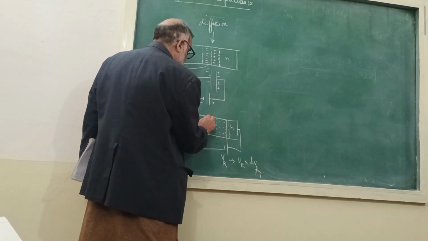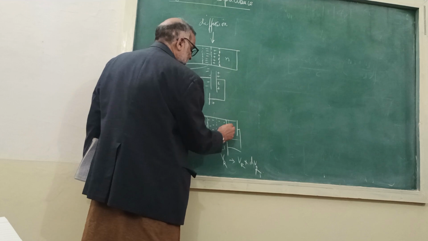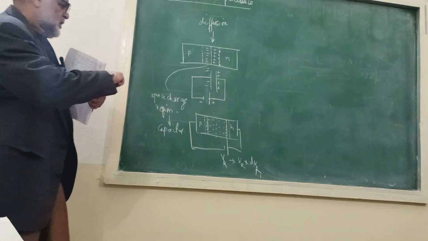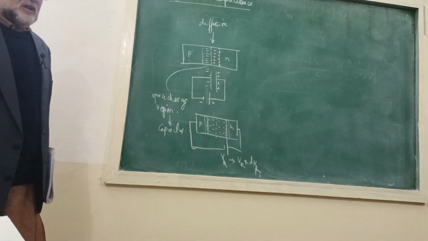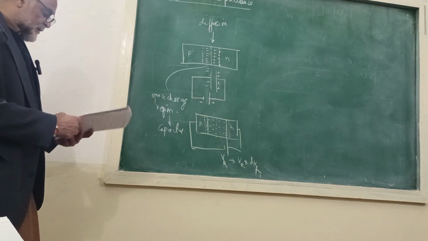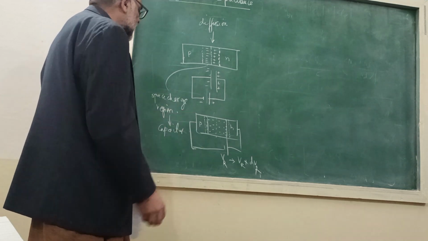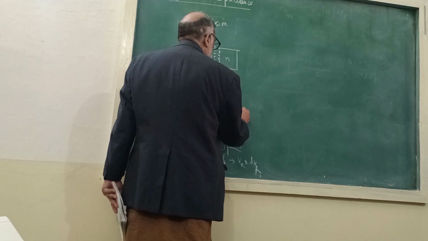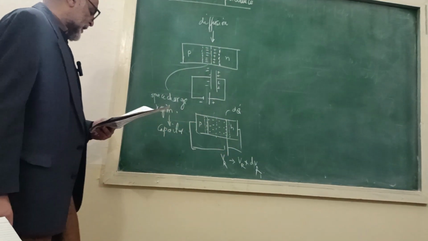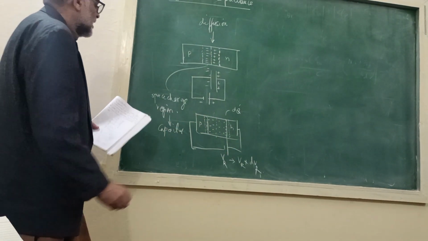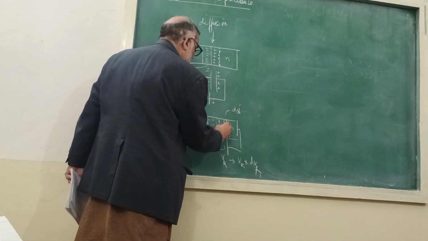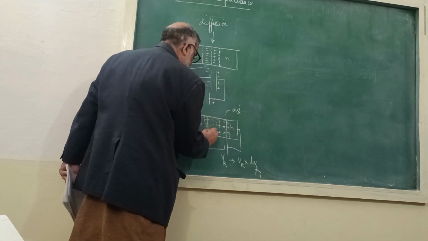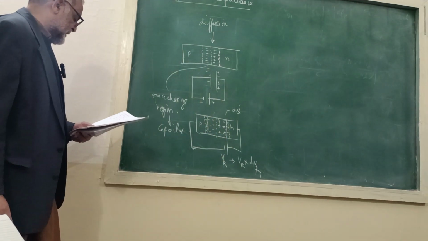So the new width could be like this. Because of this reverse biasing, the junction width will increase as per our previous knowledge, right? And we say more charges will develop. Suppose that charge is dQ prime. More positive charge will develop over here, and more negative charge develops over here on the other side.